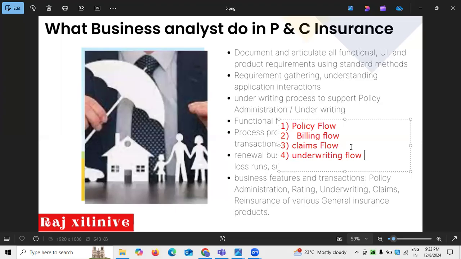But how you have done it earlier and what approach we followed, that process as a BA remains constant. That never changes. So this is the overall understanding of the role of an analyst when working on property and casualty insurance, which you must be good and familiar with. Understood? Clear? Yes, clear, sir.